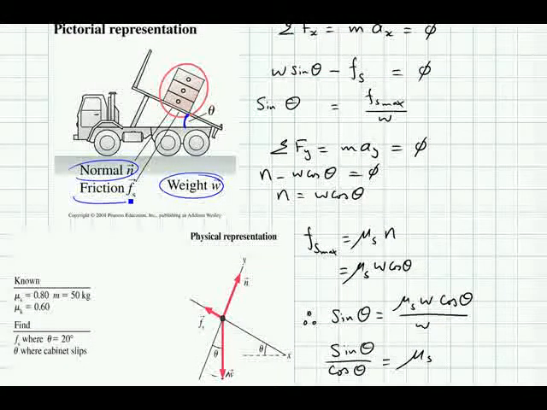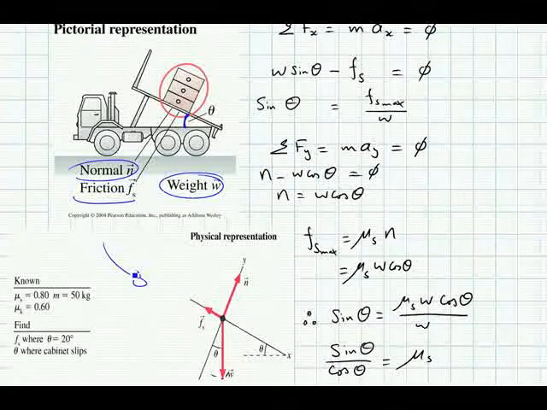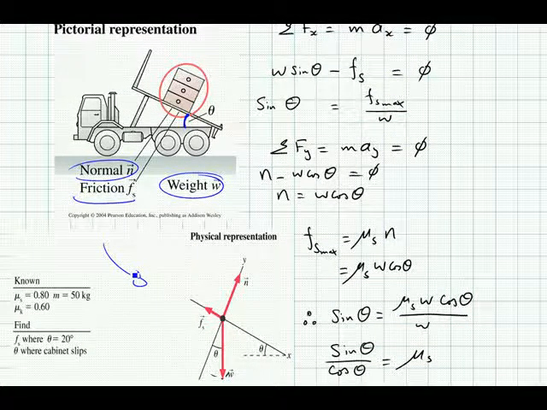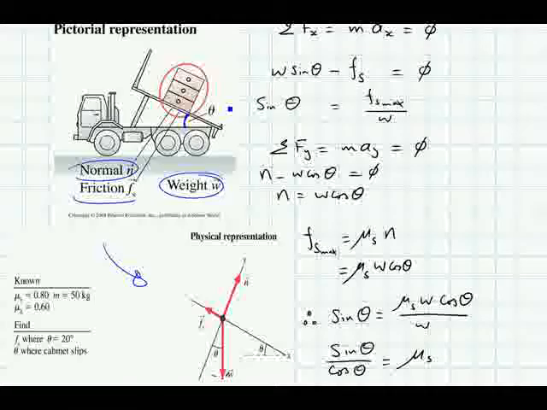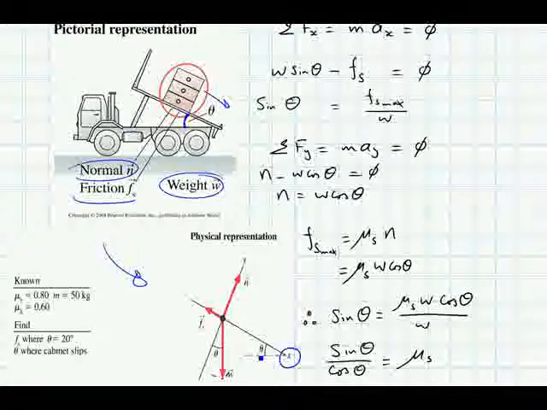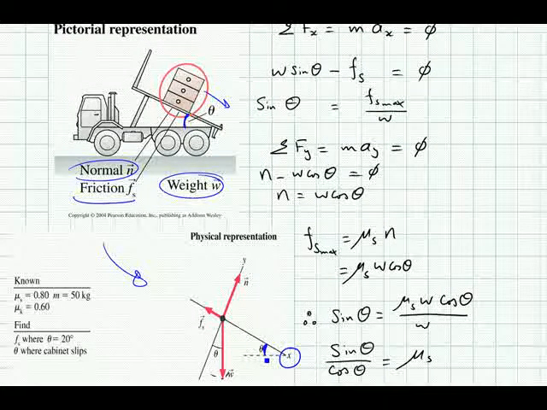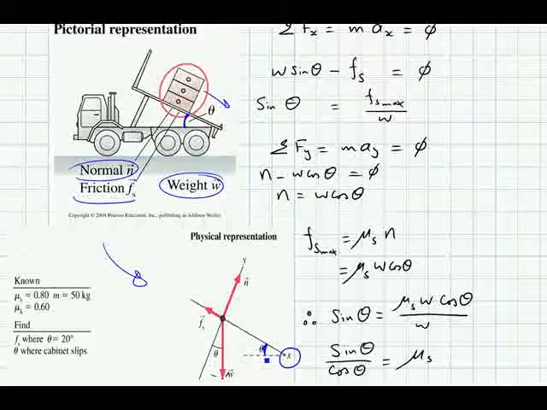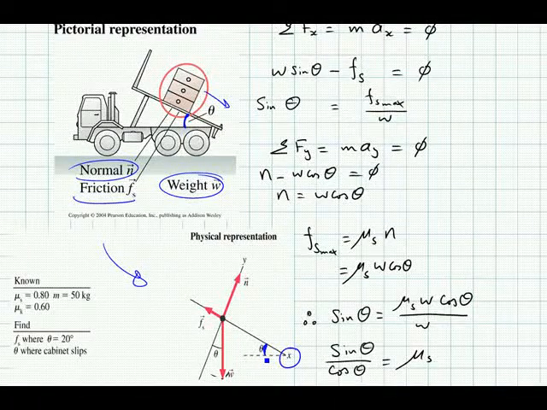So now let's go ahead and do our free body diagram. Once again, if the load were to move, it would move down the slope, therefore we choose our x-axis pointing down, and here is angle theta, the maximum angle we're interested in figuring out, the tilt angle.